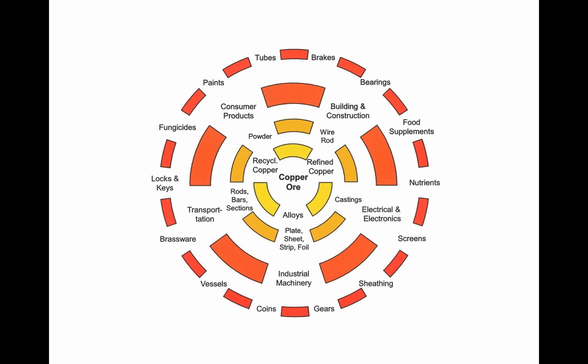The silver-colored coins, dimes, nickels, quarters, they're copper nickel. Vessels. We saw some piping used onboard ship. Brassware, locks and keys. Fungicides. Our crops are better because we spray some copper sulfate on the crops to prevent mold and mildew.